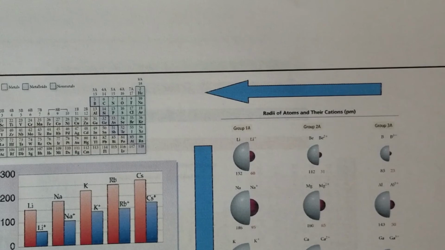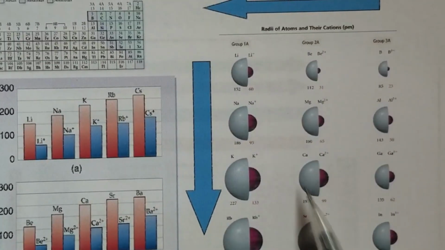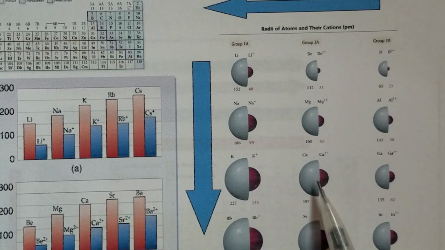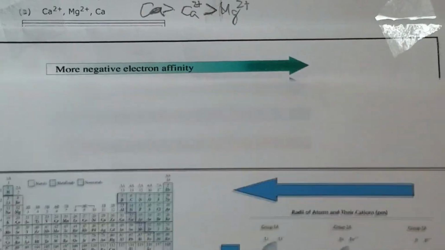So therefore, calcium should be larger than calcium 2 plus. You see that here. That's a calcium atom, and here the small red one is calcium 2 plus, the ion. So now we know calcium should be the largest one among the 3. That's question number 7.